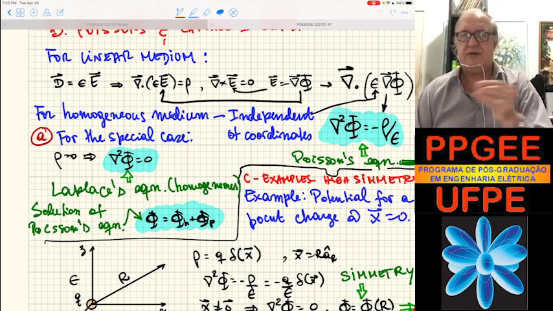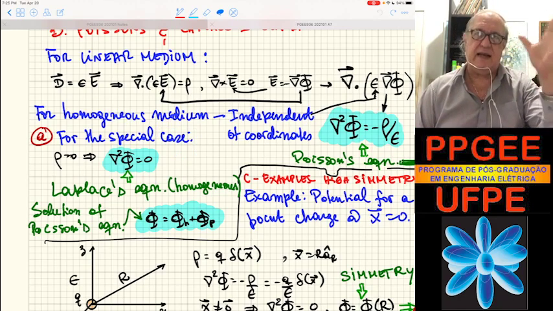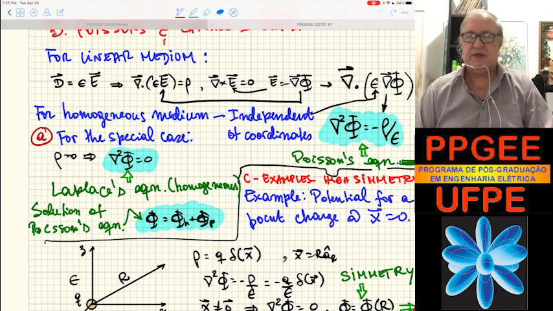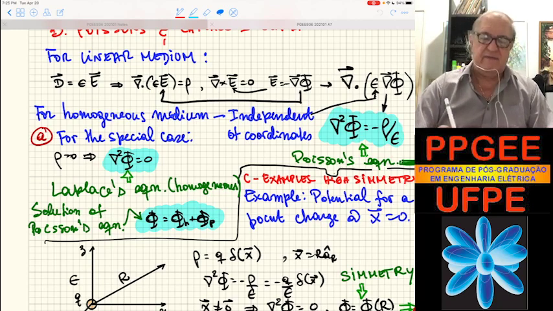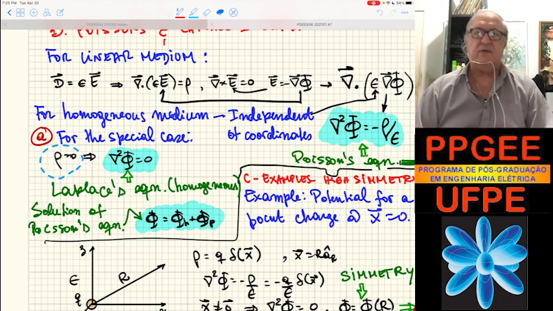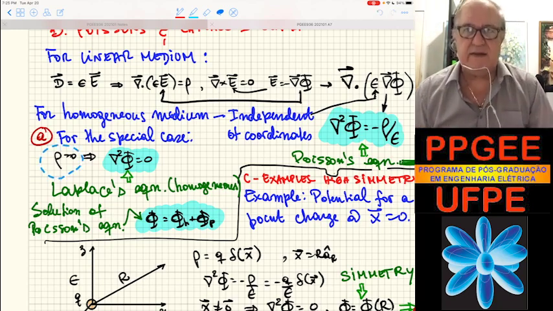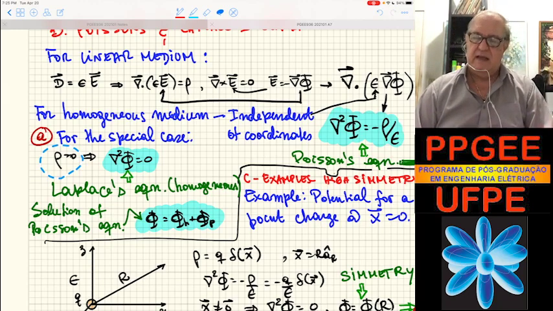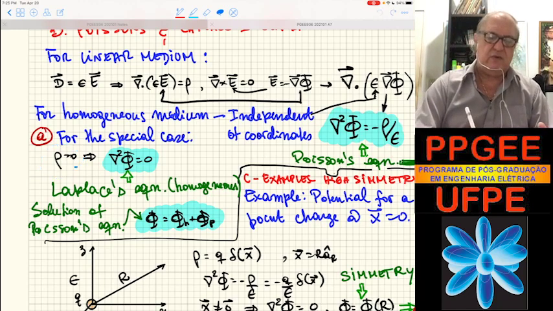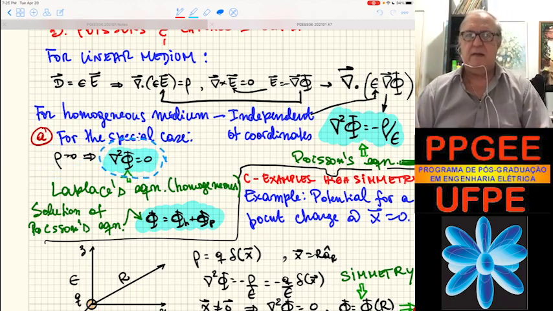They are not volume charged, they are just charges localized on surfaces or lines. Then the volume density equals 0, unless you represent that by a delta function. But in most parts of the volume, rho equals 0, and then you have the Laplacian of phi.